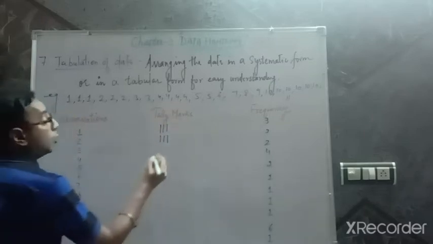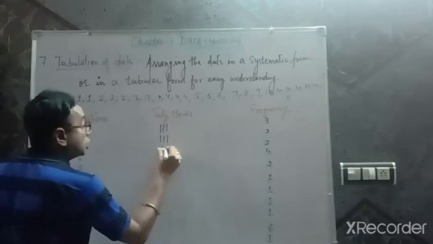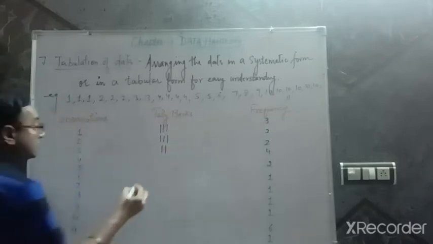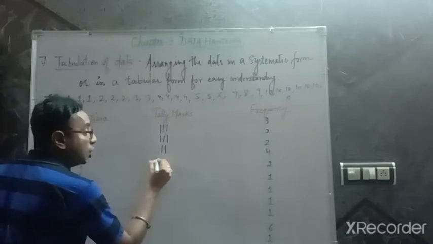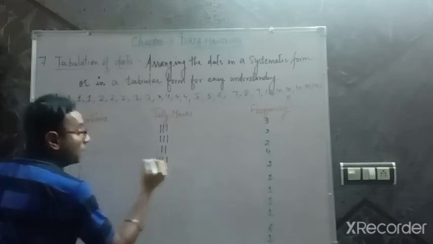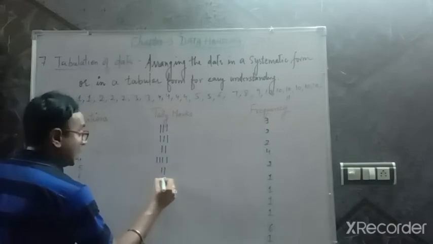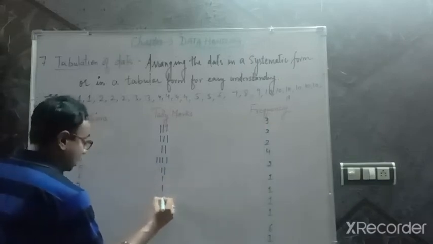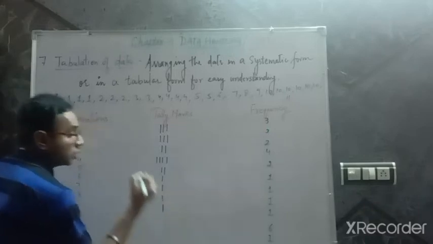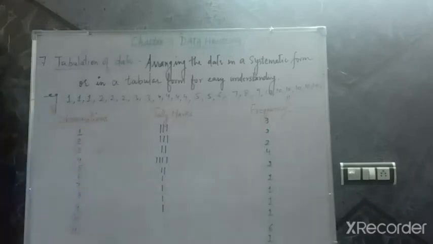For 3, the frequency is 2, so 2 vertical bars. For 4, the frequency is 4, so 1, 2, 3, 4 bars. For 5, we have 2 vertical bars. For 6, 7, 8 and 9, we have only 1 frequency each, so you'll put 1 vertical bar.